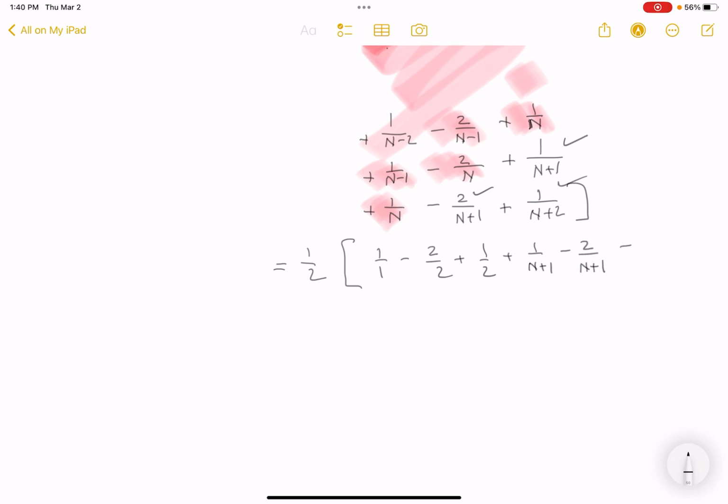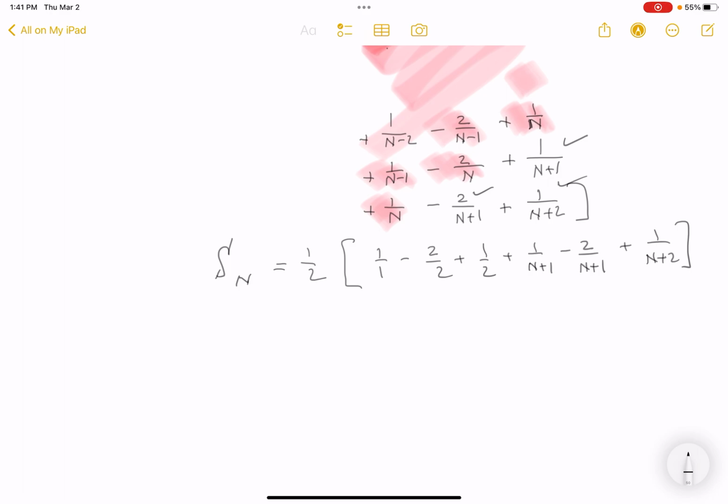And I see this. So that's what Sn is. All right? So Sn is 1/2 times the quantity 1 over 1 minus 2 over 2 plus 1/2 plus 1 over n plus 1 minus 2 over n plus 1 and then plus 1 over n plus 2.